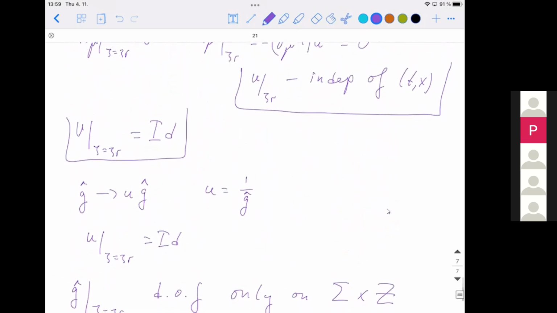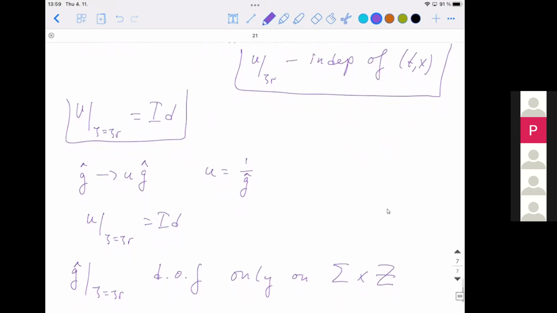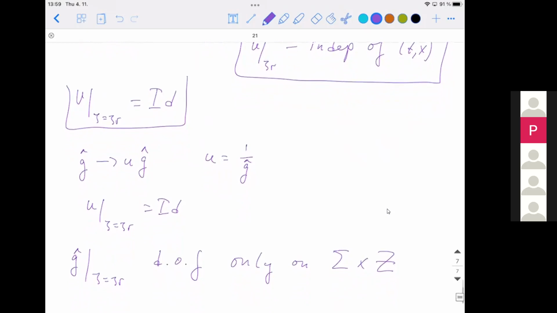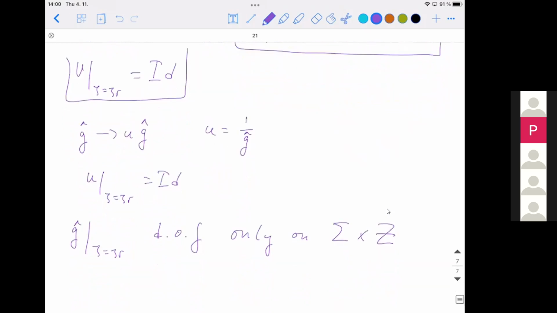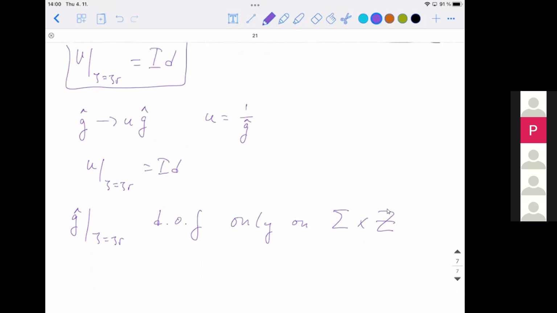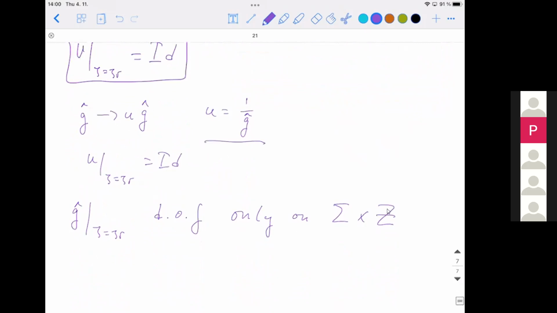Yeah, but anyways, even if it's not identity, the degrees of freedom are still in the boundary conditions, in the boundaries. Because we cannot impose this.